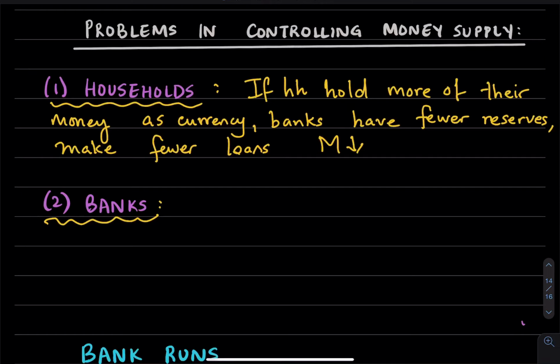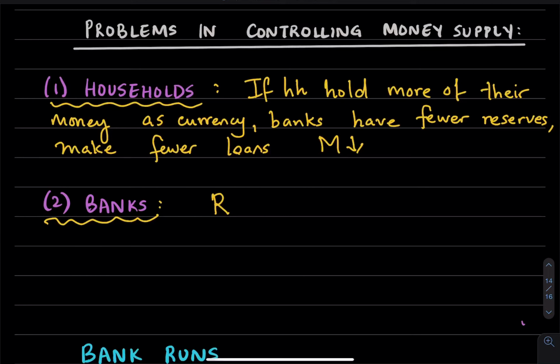Okay, now banks also can do something similar where banks, even though there is a reserve requirement R which says, well, you should hold 10% of your deposits as reserves, banks can choose to override that and hold more reserves than required. Or in other words, they can hold excess reserves.